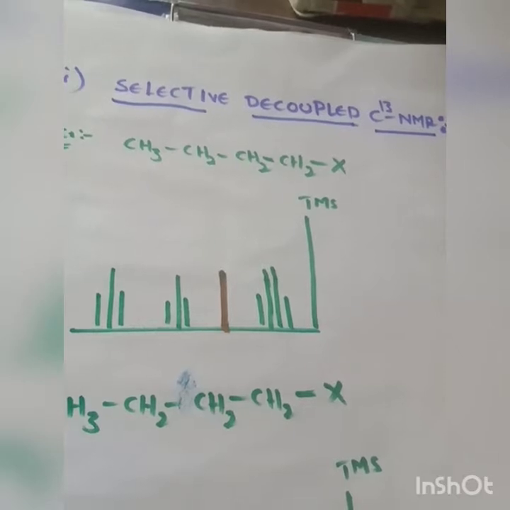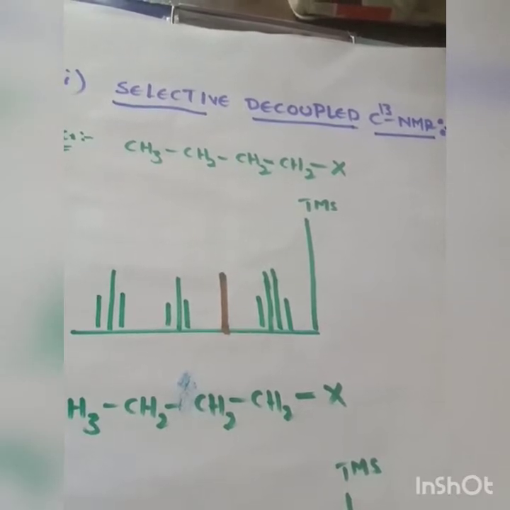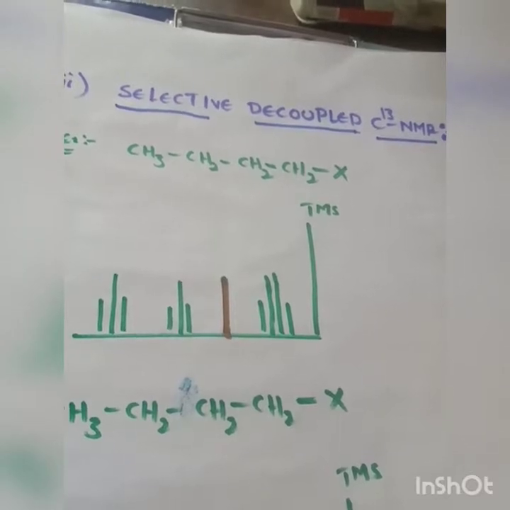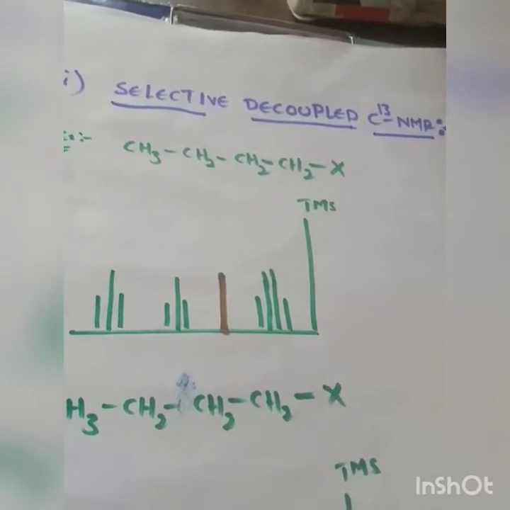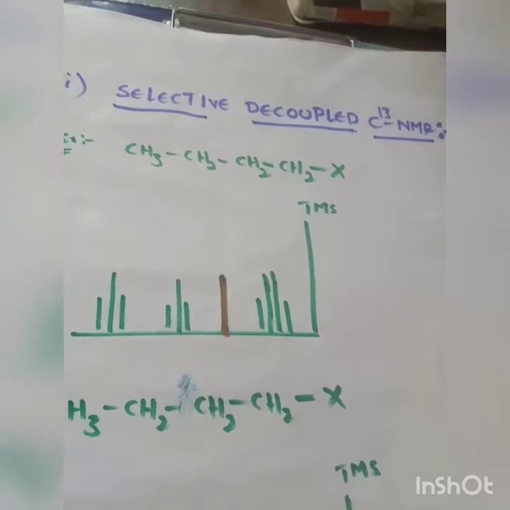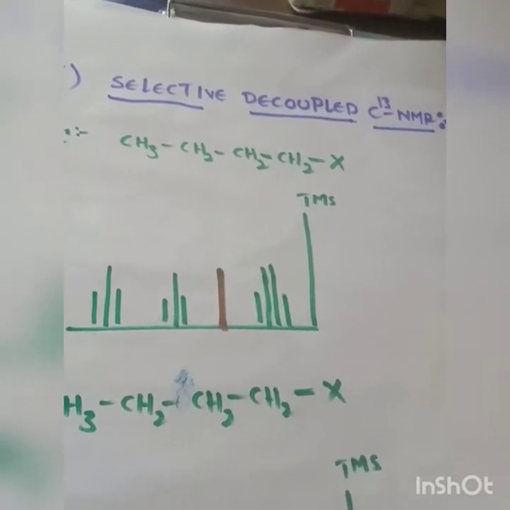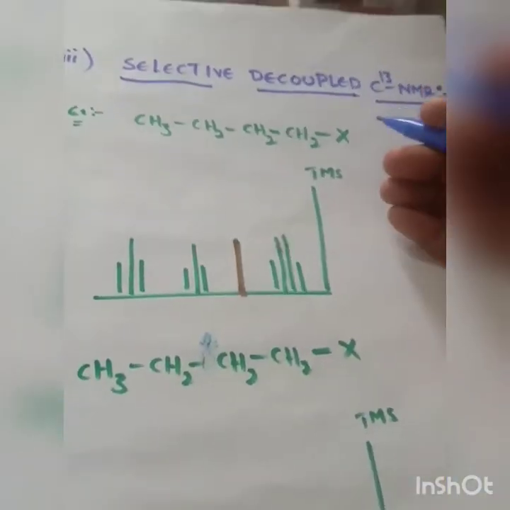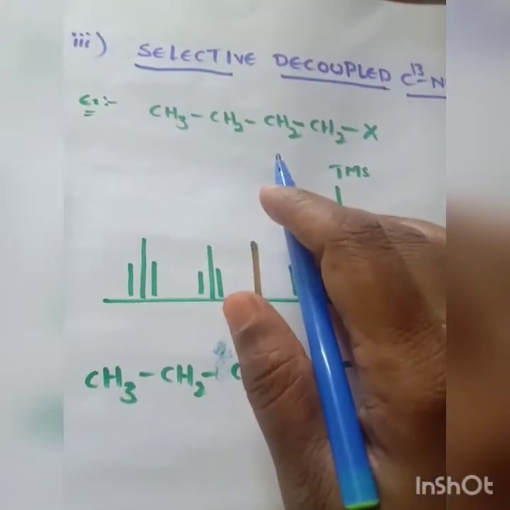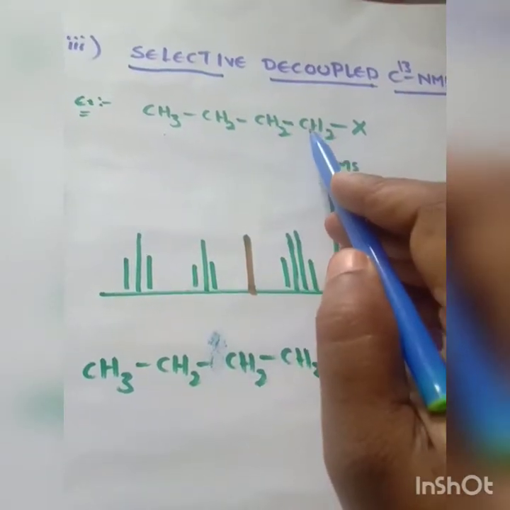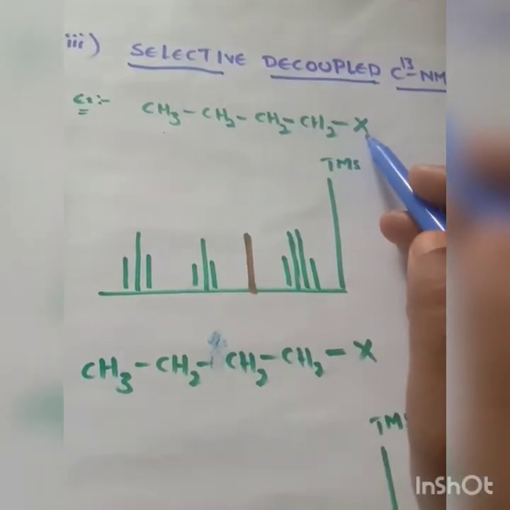That's why this is called selective decoupling, and the selected carbon group undergoes decoupling and appears as a singlet. For example, here there are 4 carbons, and the fourth carbon is attached to one halogen group.